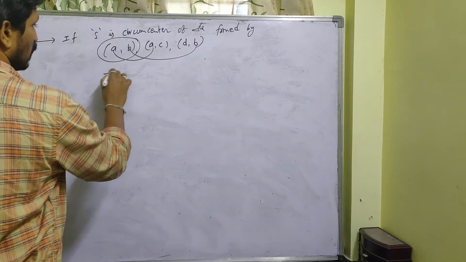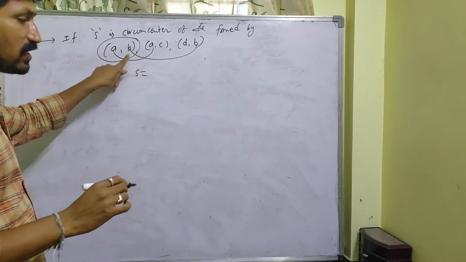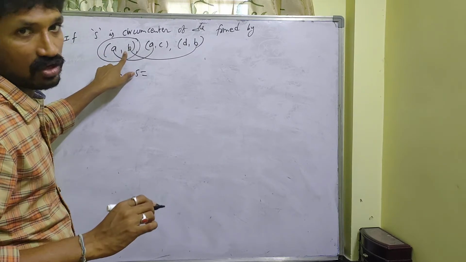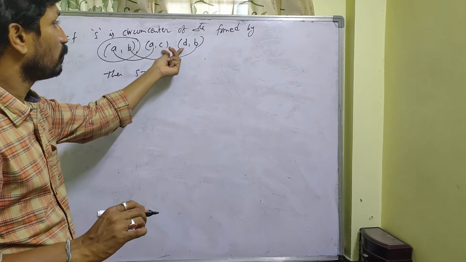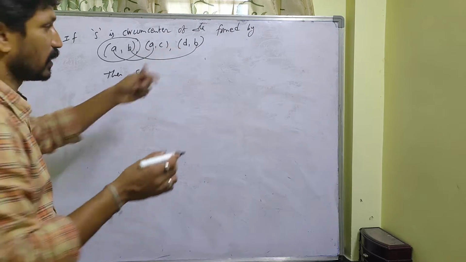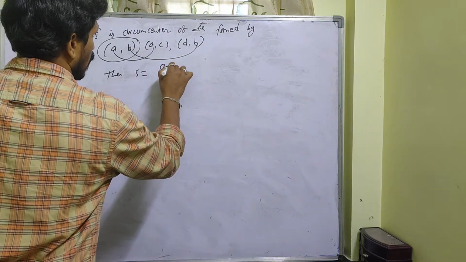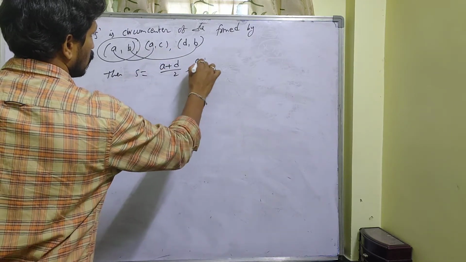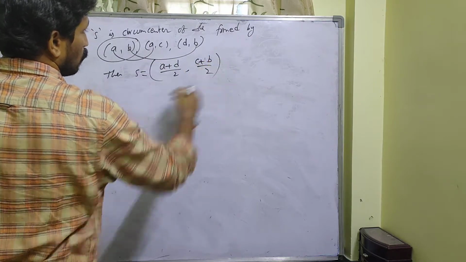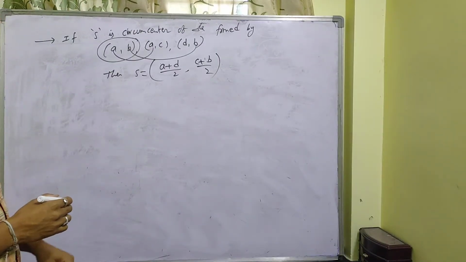Okay, then if it is the right angle vertex, the midpoint of the other two is the circumcenter. So that is nothing but ((a + d)/2, (c + b)/2). This is the circumcenter of the triangle.